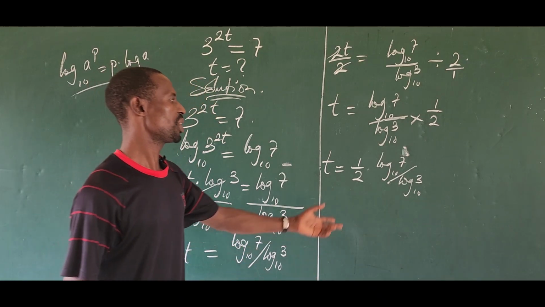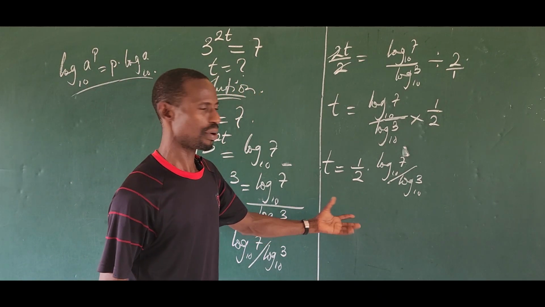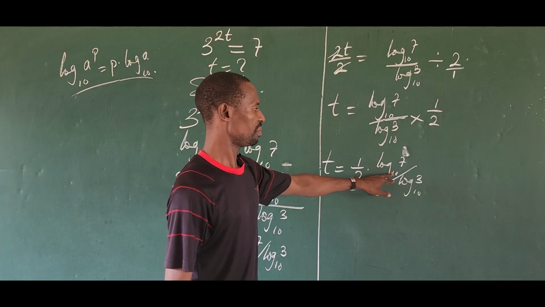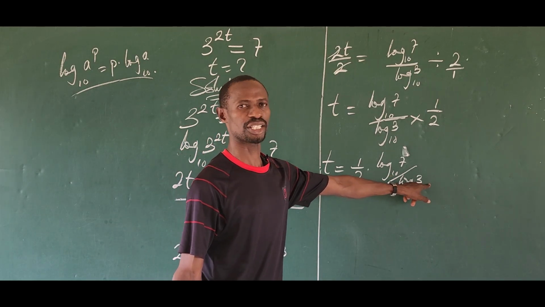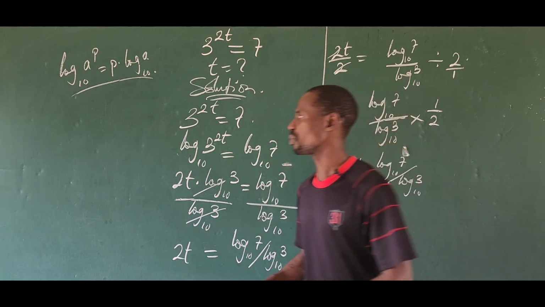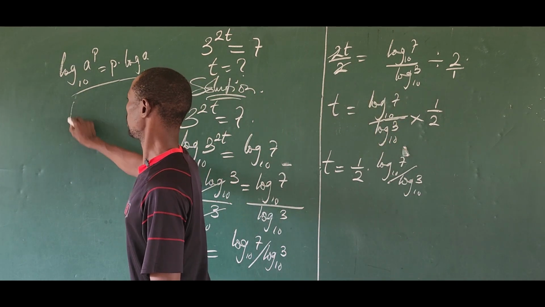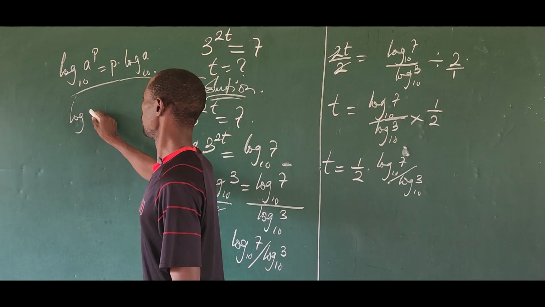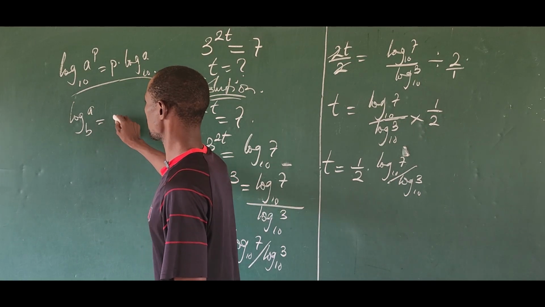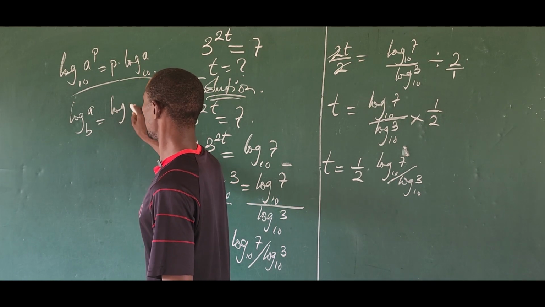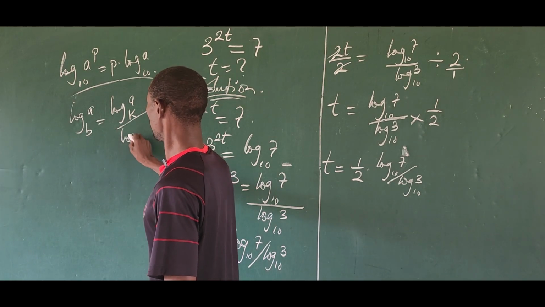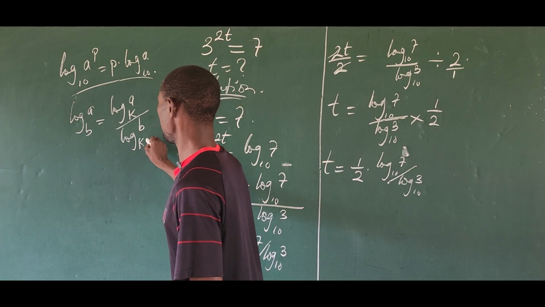So this is the answer, but we want to change this to another base. We're having base 10 here, but we want to change this to base 3. So we apply the change of base law, which says that log a base b, changed to base k, gives log a base k all over log b base k.